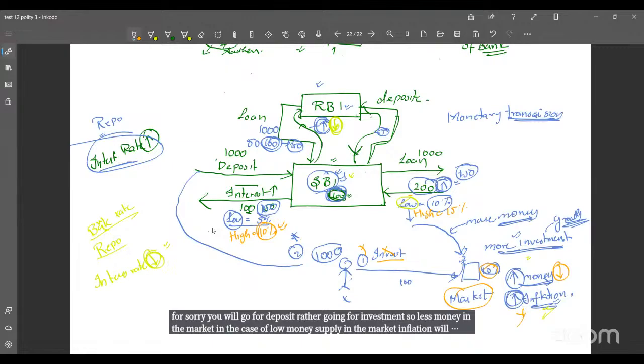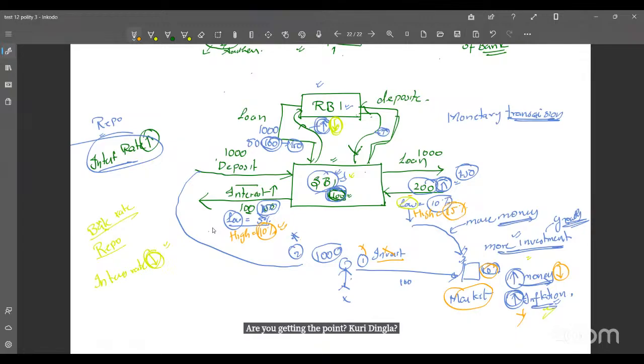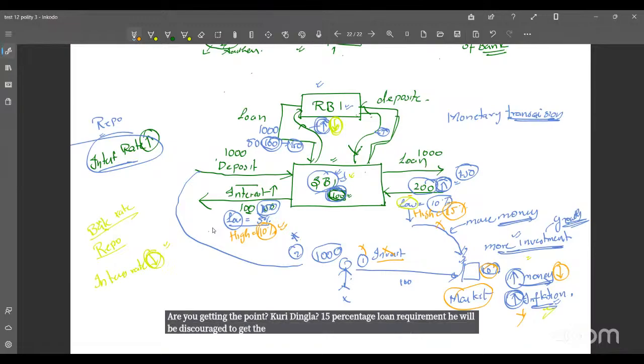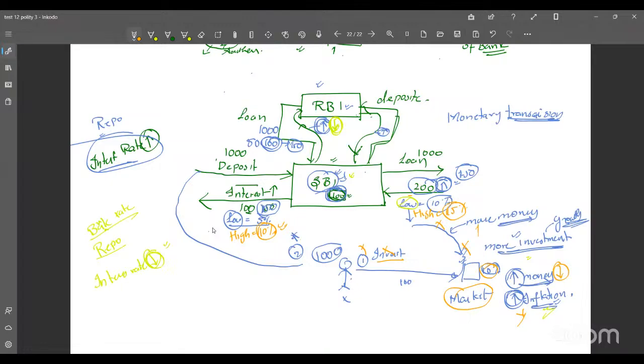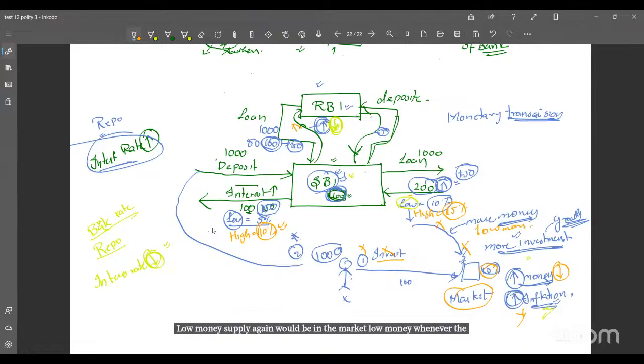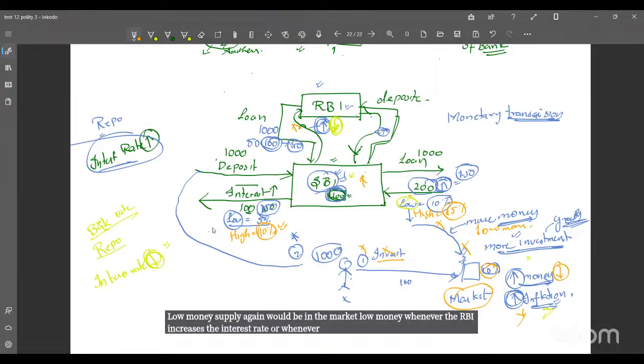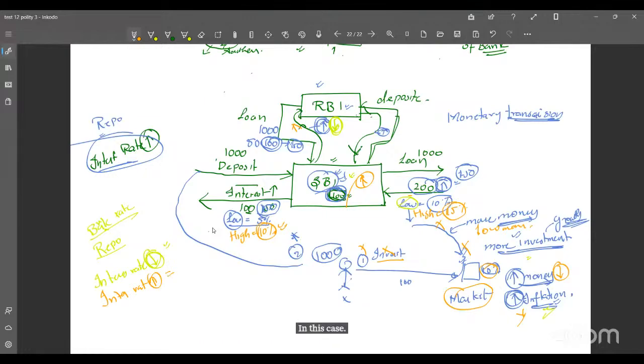Are you getting the point? Similarly, because the loan is at 15%, he will be discouraged to get the loan. He will not get the loan. He will not invest anymore. So low money supply again in the market. Whenever the RBI or the SBI increases the interest rate, deposits are increased.